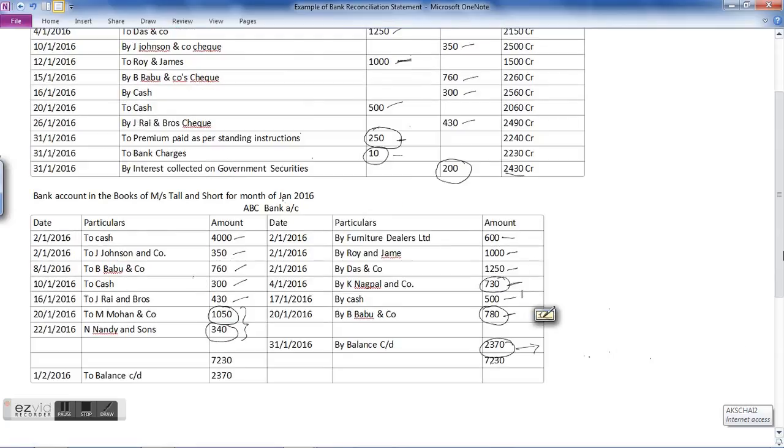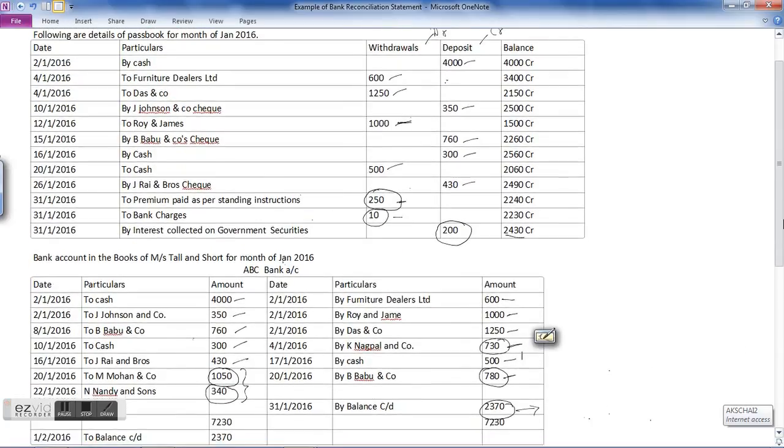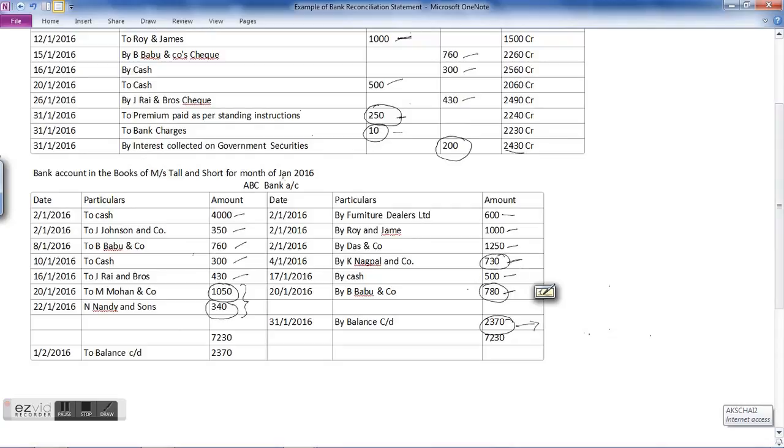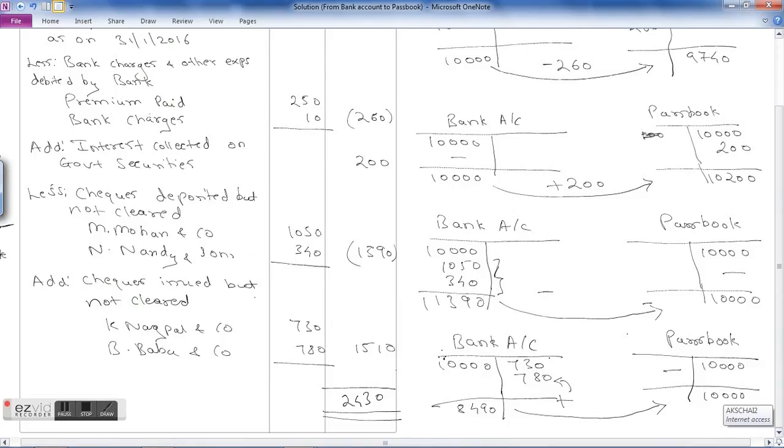You can see the credit balance as on 31st Jan 2016, balance as per passbook. Okay, so the same balance we are getting it here, balance as per passbook. So this is one of the way to cross check whether all the reconciliation items are considered and our bank reconciliation statement is correct.